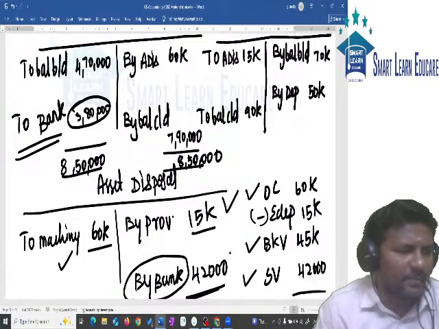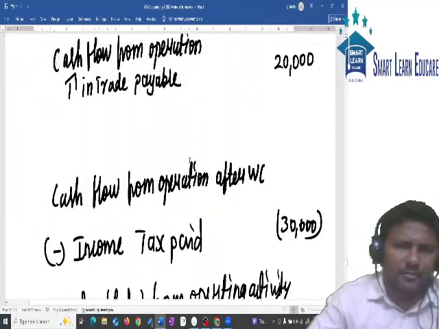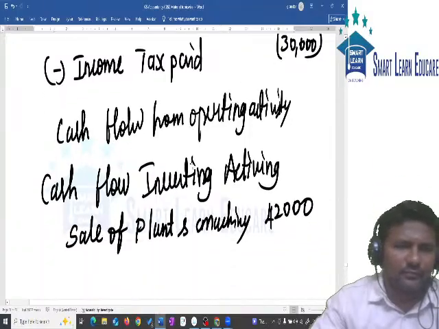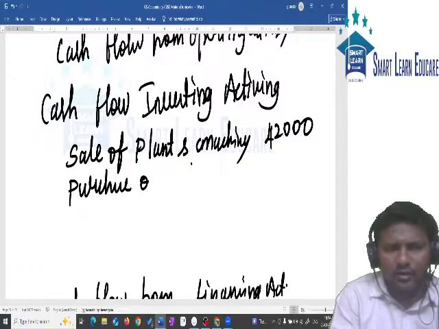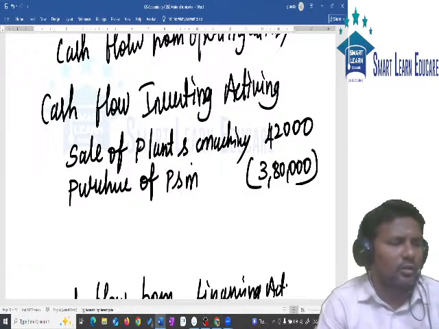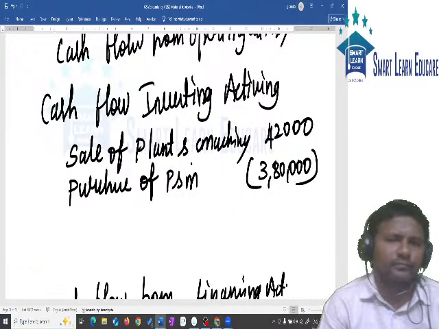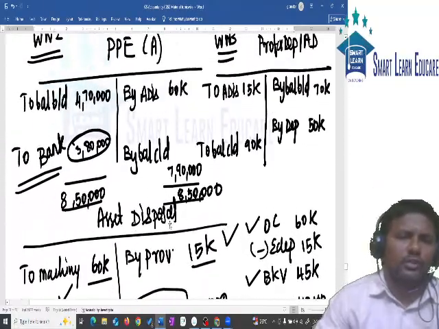Purchase of asset will come in the PPE account, in investing activity: purchase of plant and machinery 3,80,000. Don't forget to write outflow of cash. So this account is tallied, and this is finished.